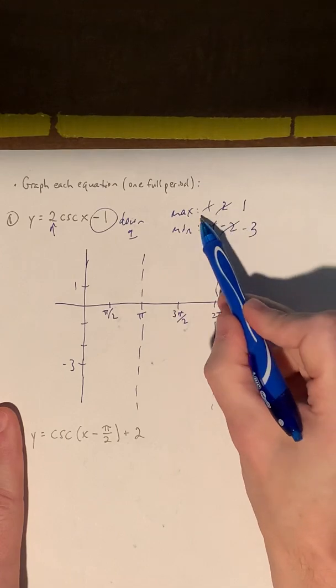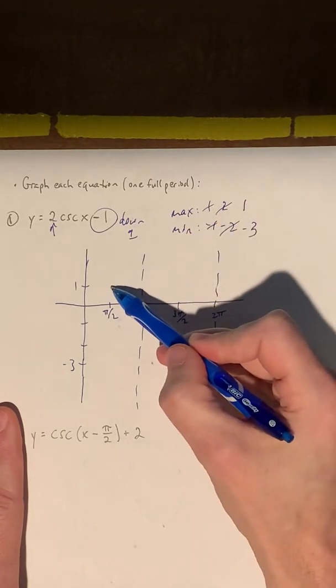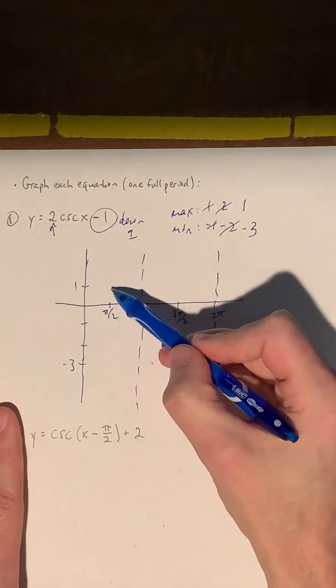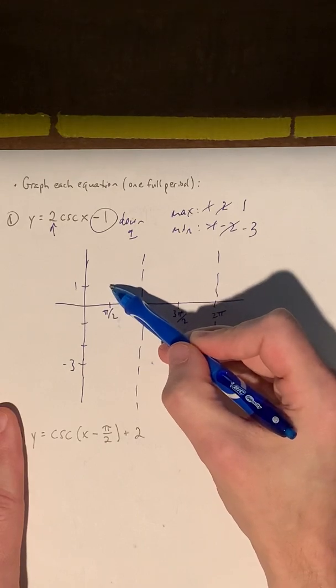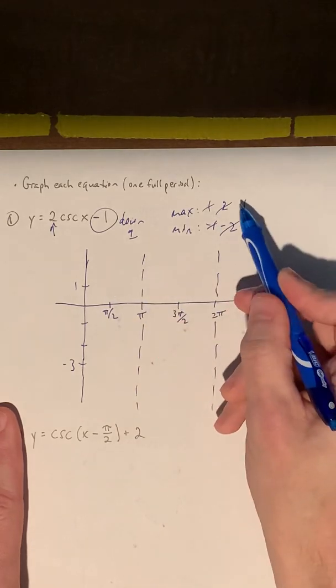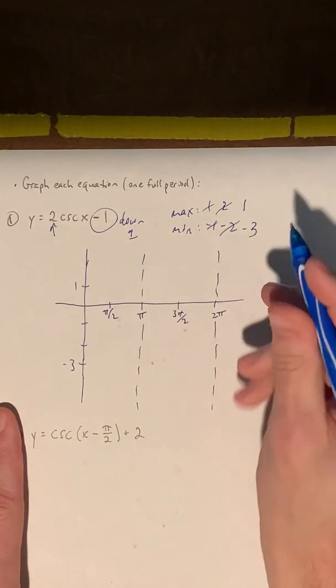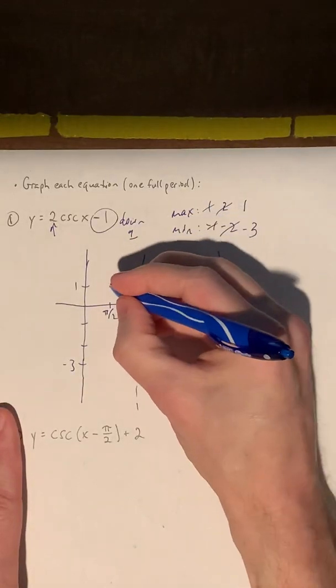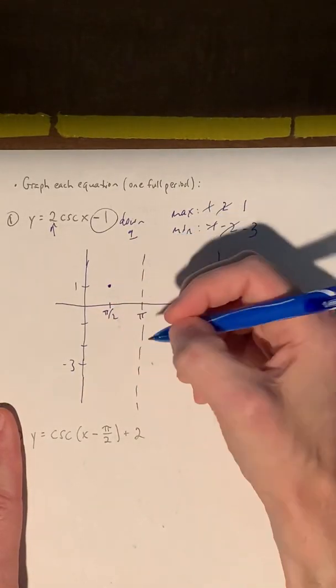So remember, the max of 1, and guys, this really isn't a max of 1 like we're used to talking about. It's really the minimum for this parabola curve. But, you know, in our mind, those are where points are. So the max of 1 gives us a point here at the first increment.